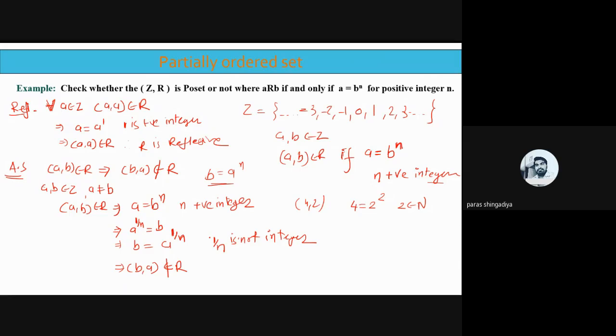So for n a positive integer, 1 upon n will be positive but not an integer. Therefore ba does not belong to R, and that is required to say it is anti-symmetric. If ab belongs to R, then ba does not belong to R, and therefore we can say that R is an anti-symmetric relation.